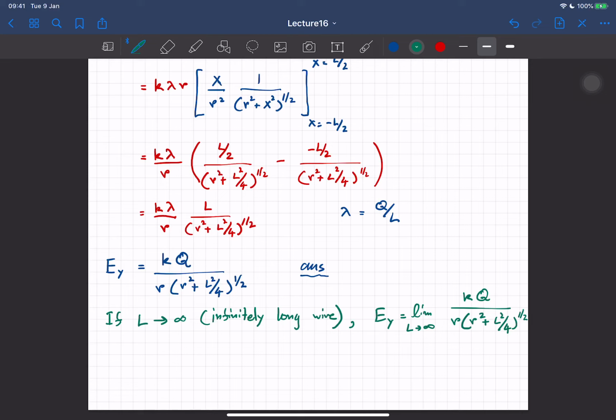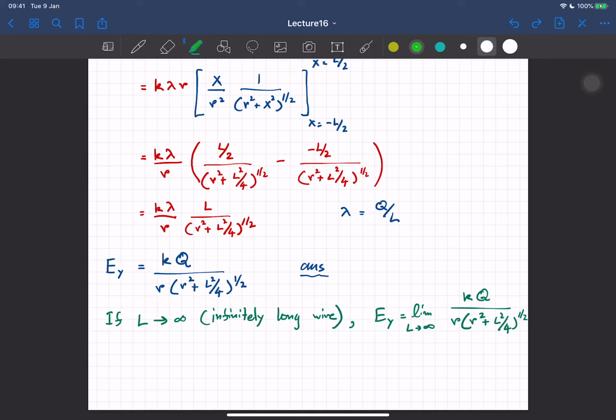So when L goes to infinity, what happens here? When L is really, really long, then I can forget about this factor r squared here. I don't know whether it's obvious to you, so I'm going to write it this way.